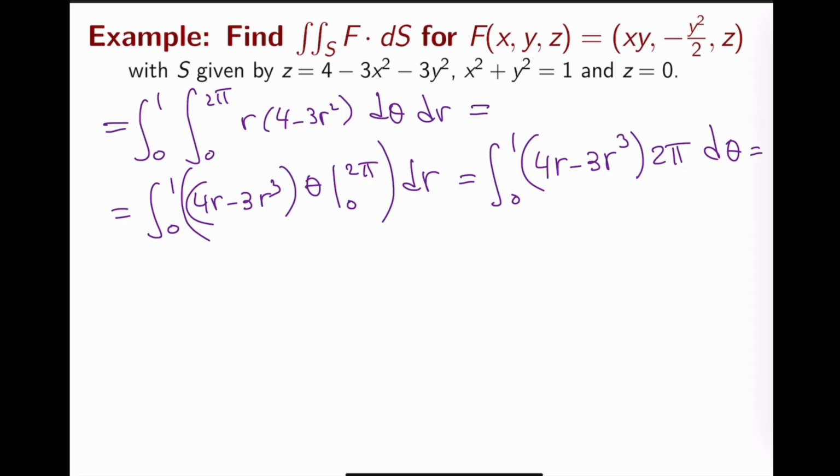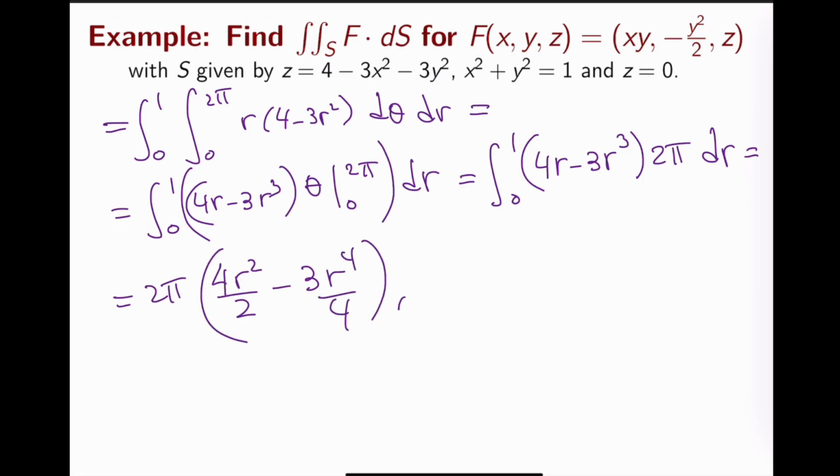We take 2 pi as a constant out and we integrate this with respect to r: 4r squared over 2 minus 3r to the 4 over 4. And this should be evaluated between 0 and 1.